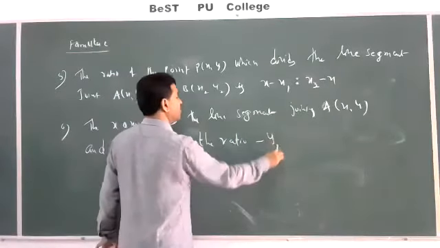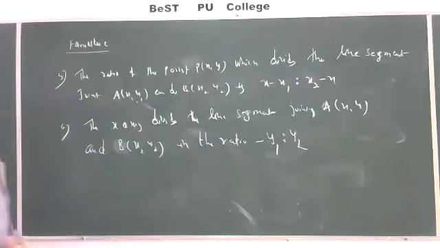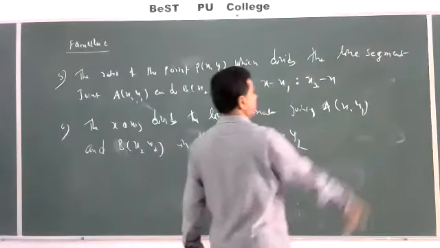Minus y1 is to y2. We proved it yesterday. The x-axis divides the line segment joining (x1, y1) and (x2, y2) in the ratio minus y1 is to y2.